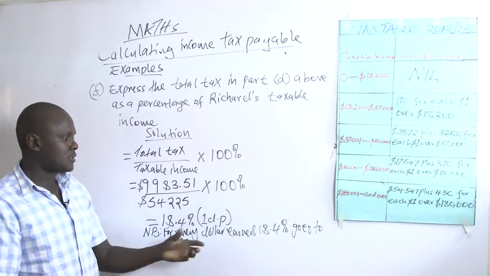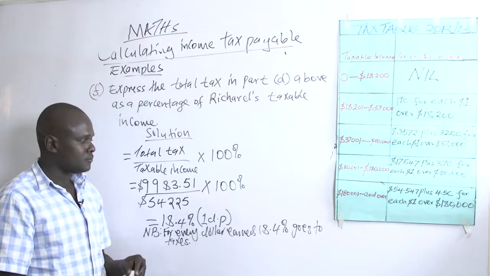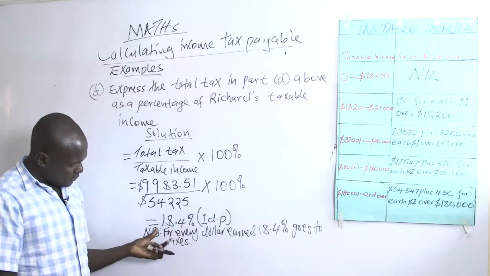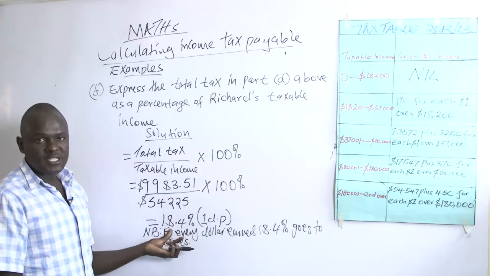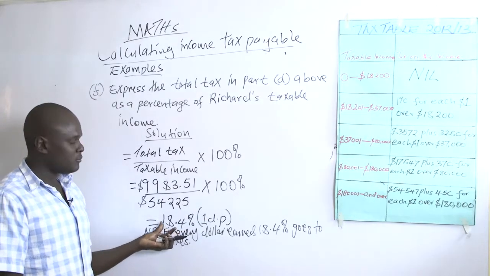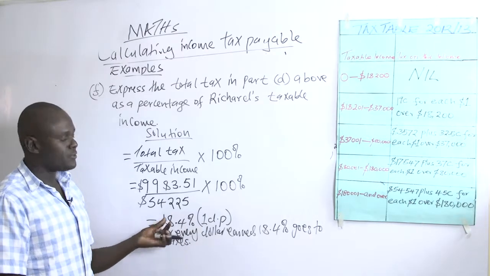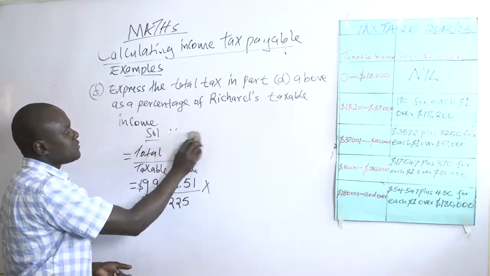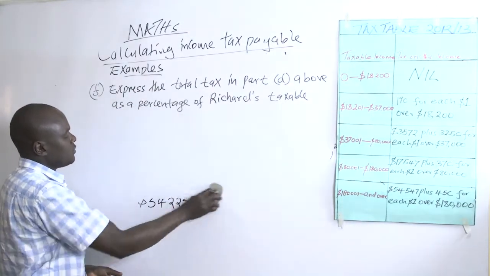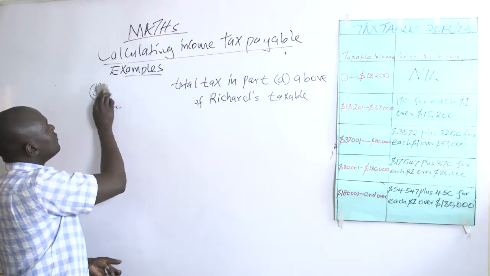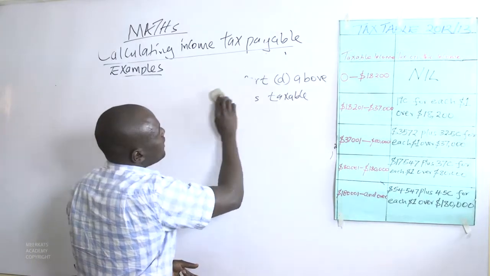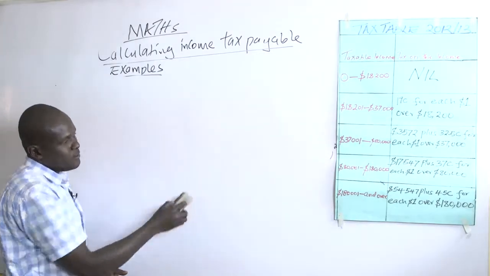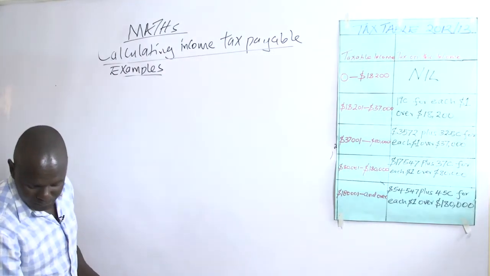That will be deducted as taxes, which is actually around 18.4 cents. For every dollar, Richard pays 18.4 cents as taxes. And those taxes include the tax payable and the Medicare levies, both combined.